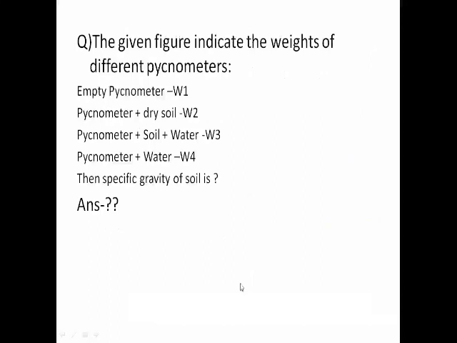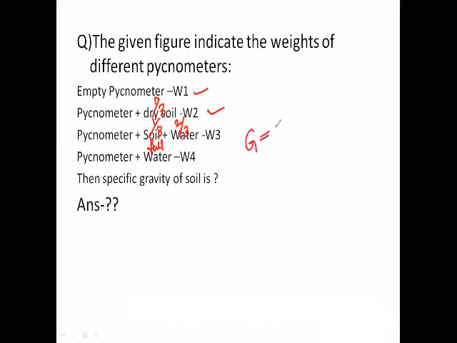They have given some parameters in the pycnometer test. W1 is the empty weight, W2 is the pycnometer plus 1/3 of soil, W3 is the pycnometer plus soil plus the remaining water, and W4 is the pycnometer plus full of water. They're asking for the specific gravity of the soil.